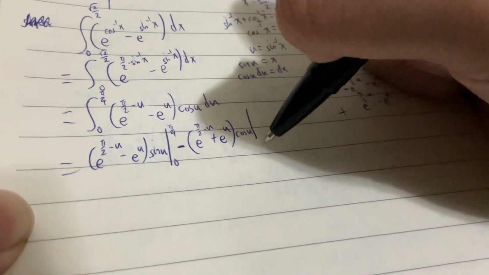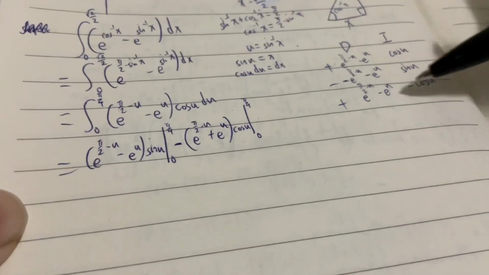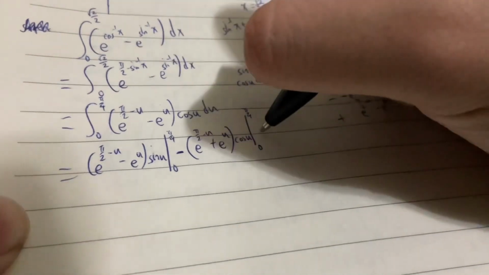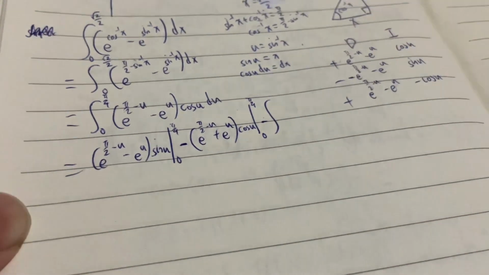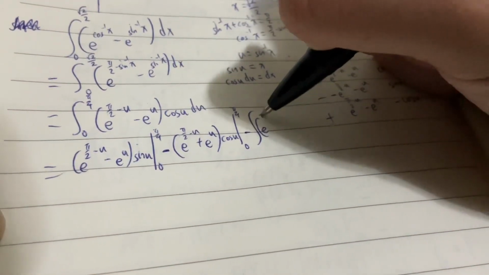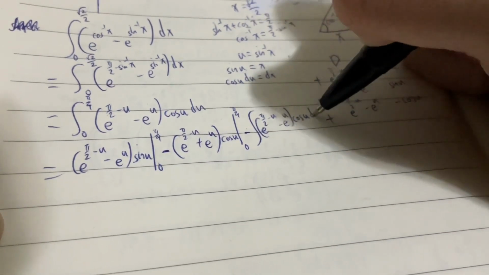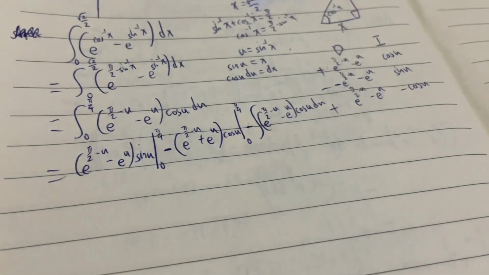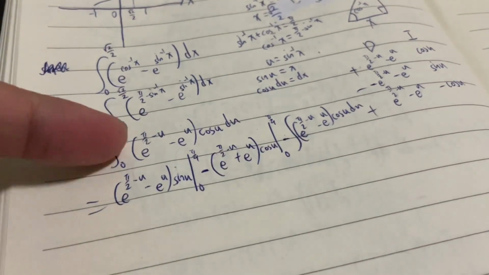We're gonna put 0 and pi over 4 as well, and then the last one, we're gonna minus the integral. We can put the minus outside the integral because negative 1 is a constant, and then e to the power of pi over 2 minus u minus e power of u times cosine u du. So this is our original. This is a repeat.